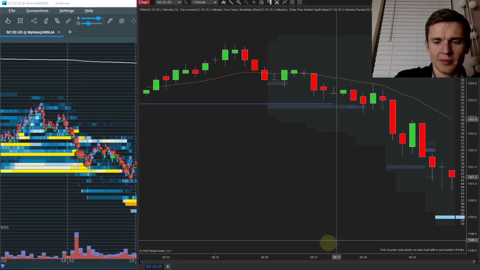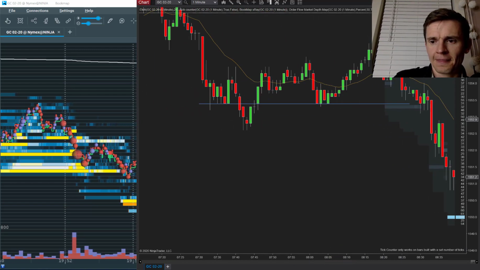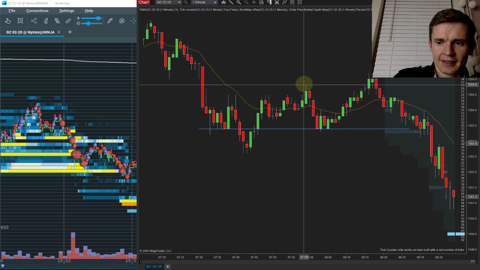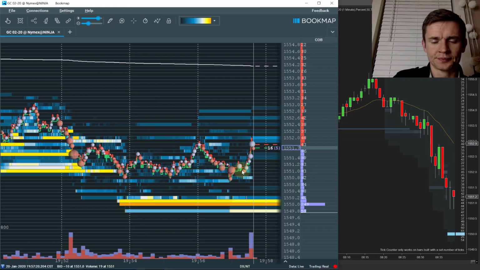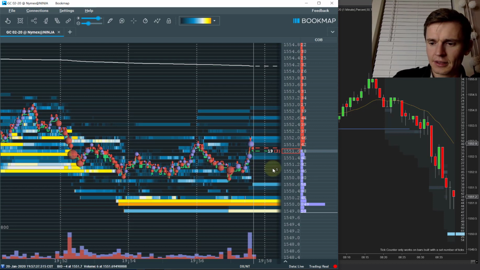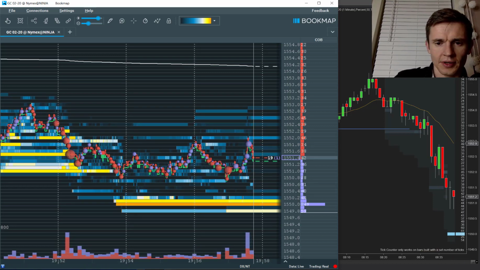Let's see what this looks like. I mean, the market's clearly been down. Sellers have been in the lead, pushing those lows. And let's see if they go for that 1550 level or not.